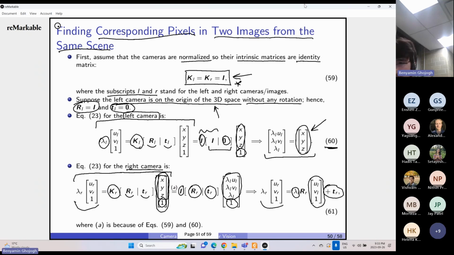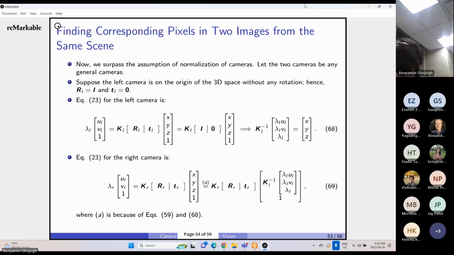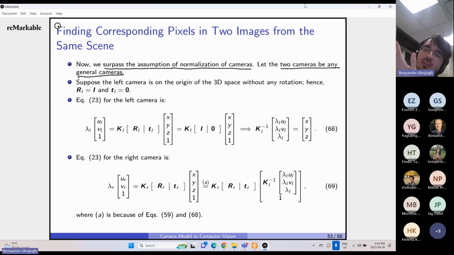Now let's relax this assumption. Now let's surpass the assumption of normalization of cameras. Let the two cameras be any general cameras, and their intrinsic matrices might be different.